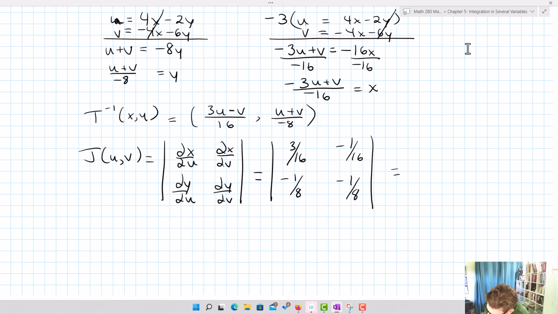Now we'll multiply. I got negative 3 over 128, and then this will be minus 1 over 128.